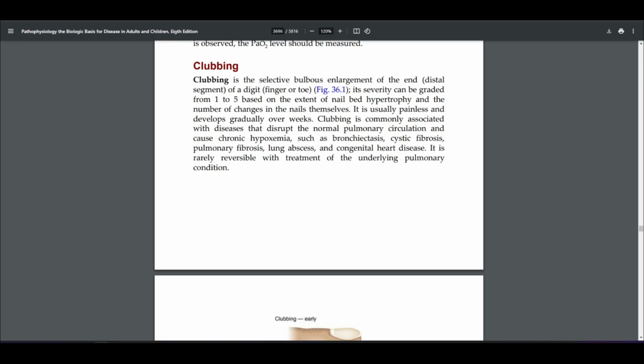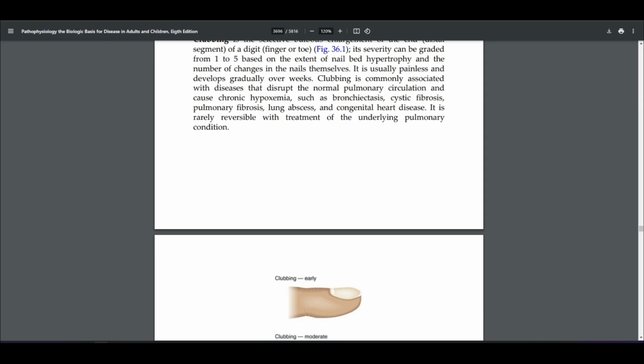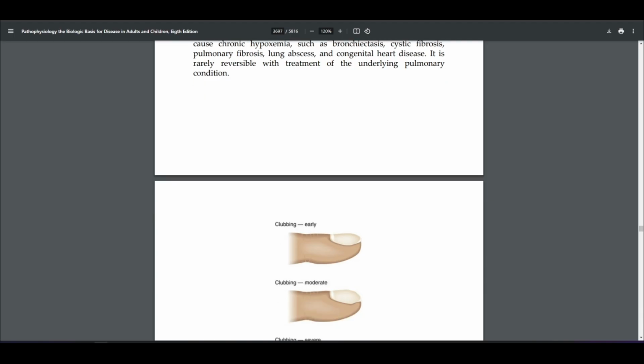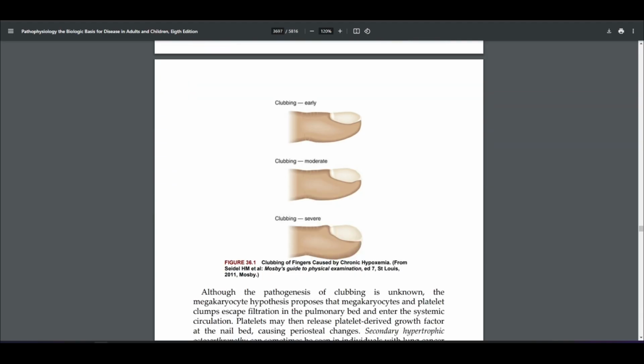Clubbing is commonly associated with diseases that disrupt the normal pulmonary circulation and cause chronic hypoxemia, such as bronchiectasis, cystic fibrosis, pulmonary fibrosis, lung abscesses, and congenital heart disease. It is rarely reversible with treatment of the underlying pulmonary condition. And here we're taking a look at a couple of pictures of early clubbing, moderate clubbing, and severe clubbing.